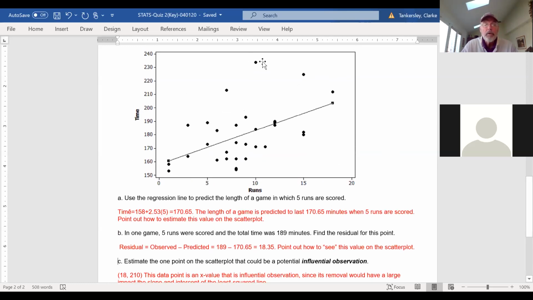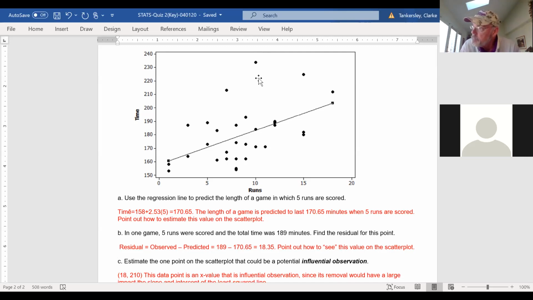That is this point right here, all the way up here, 10 and 235. That's my call. And this would be sort of an outlier. And why is that? Why is that the outlier?